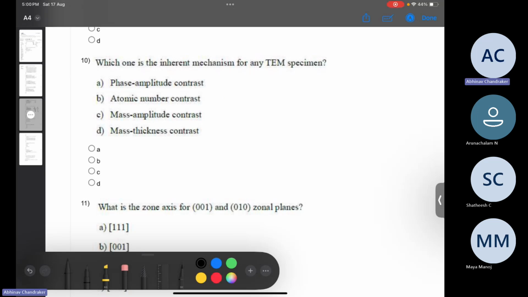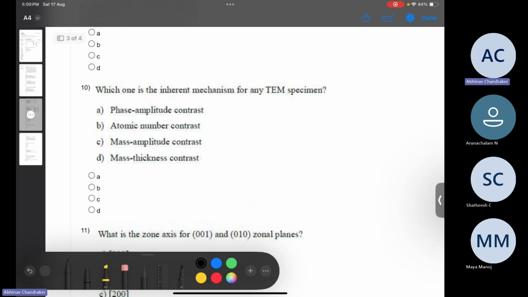So this is what is the inherent mechanism for any TEM specimen for having contrast.